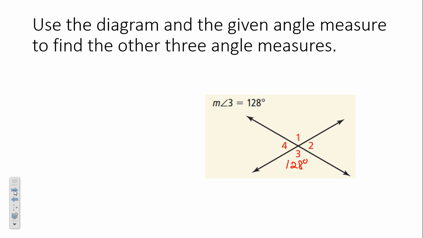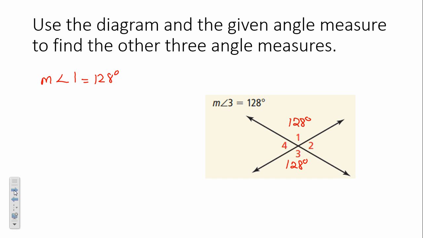Can someone tell me the measure of another angle? Laura? Good. Why is angle 1 128 degrees? They're congruent because what type of angles are they? Vertical angles. Vertical angles are congruent. So angle 1 is 128 degrees.